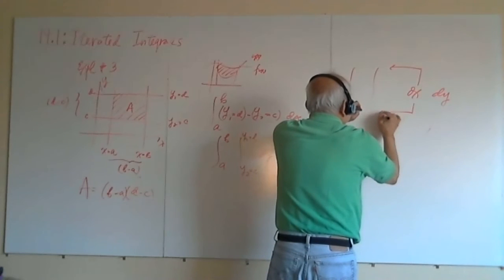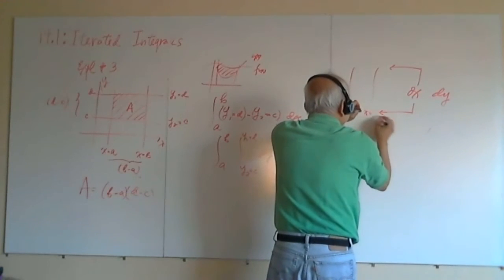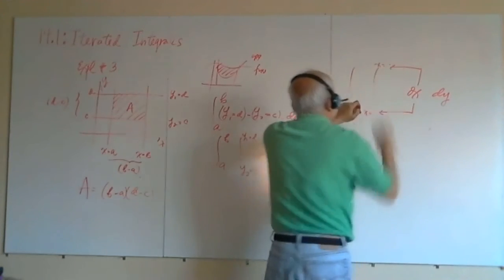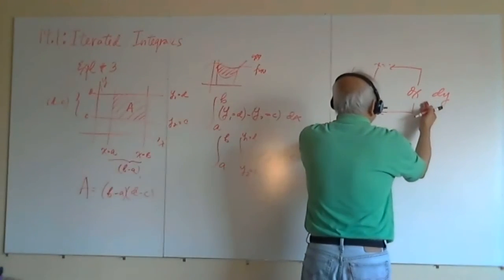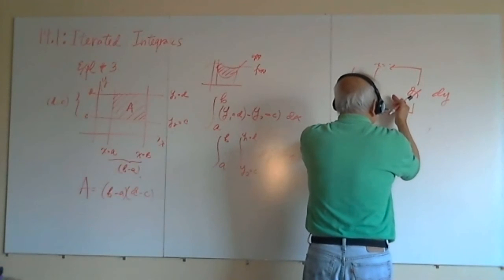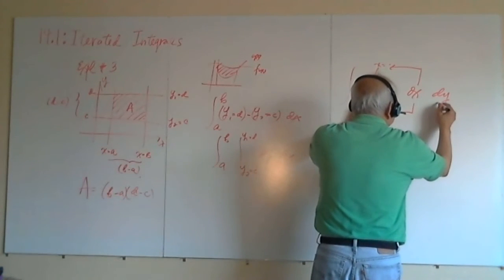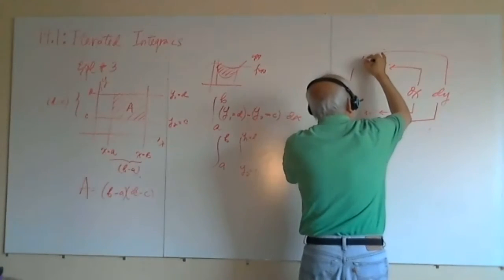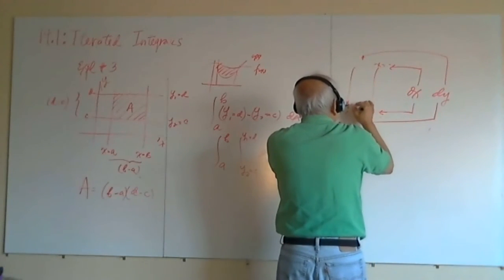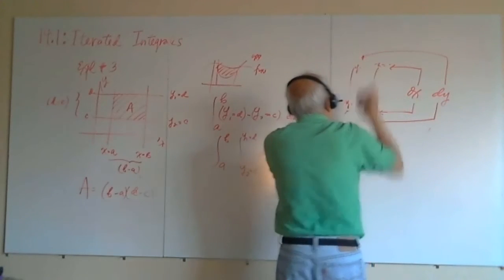Meaning this one should be x equal to something, something, and then x equal to something, something. This is one package about the inner integral. So let's talk about the outer integral. Same thing here: this one should be y equal to something, something, y equal to something, something.